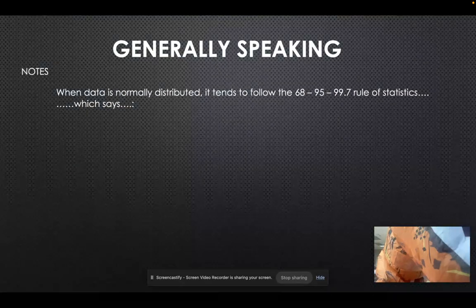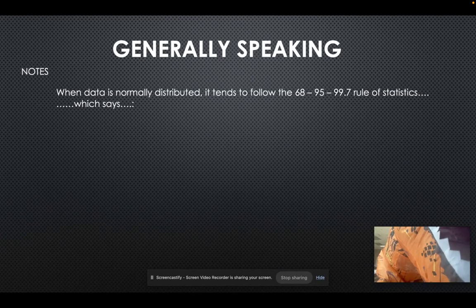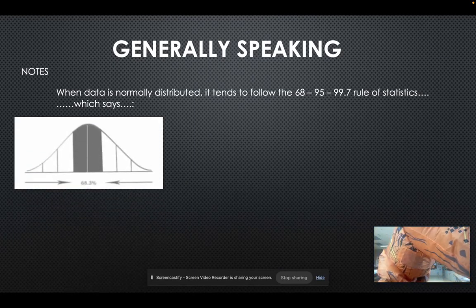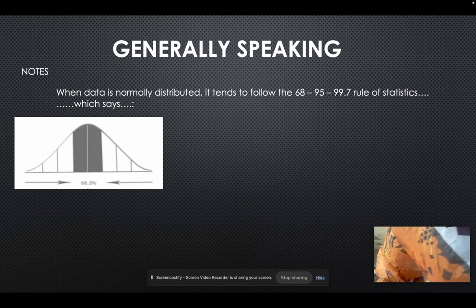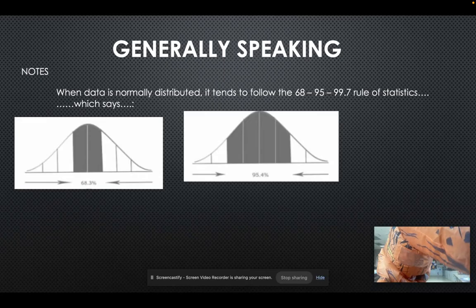When data is normally distributed, it tends to follow the 68, 95, 99.7 rule of statistics, which says essentially approximately 68% of data falls within one standard deviation either way of the average, which is right there, that white line in the middle. Okay, approximately 95, I know it says 95.4, but just round down to 95.